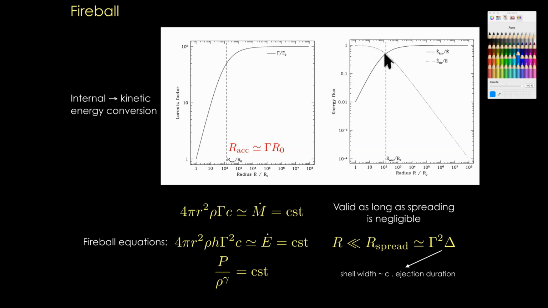And when you reach the acceleration radius, which sometimes is also called the saturation radius, it is the moment where the conversion is more or less finished, and then kinetic energy is constant, and thermal energy is just very low. You have converted 100% of your thermal energy into kinetic energy. That's why I say that this model is very efficient. Unfortunately, it's not realistic. Okay?